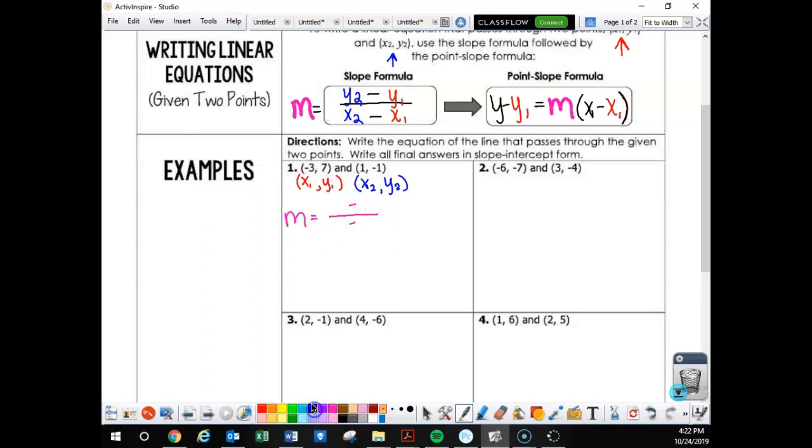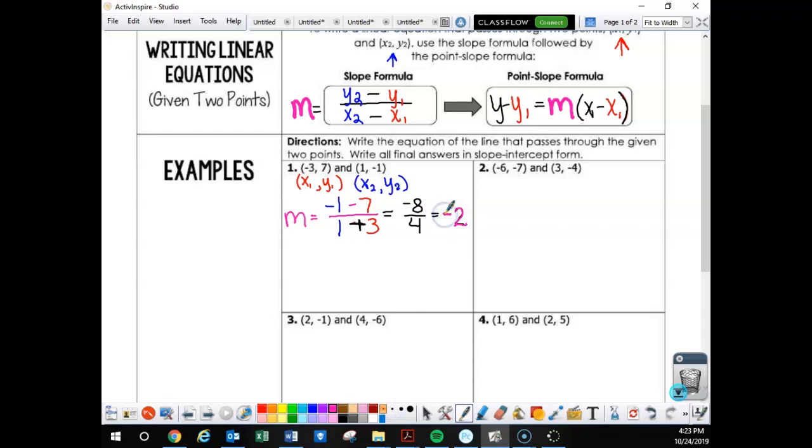I have y2 over x2, so negative 1 over 1, and then y1 over x1, so 7 over negative 3. Then I evaluate this. Negative 1 minus 7 is negative 8, and 1 minus negative 3, two negatives become a positive, so 1 plus 3 is 4. Negative 8 divided by 4 is negative 2. So my slope is negative 2.